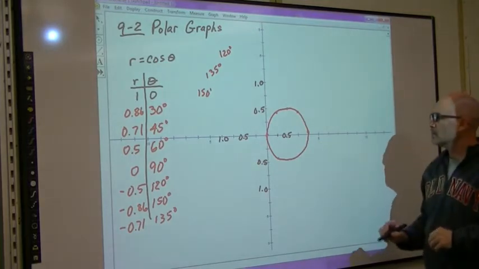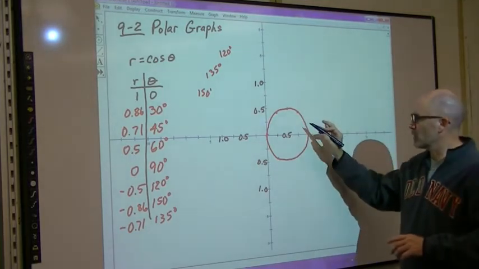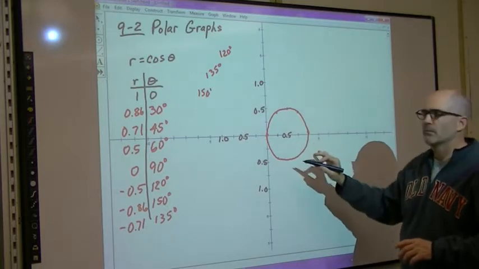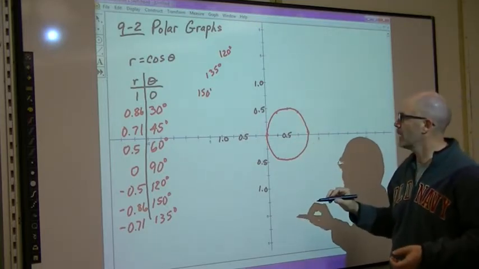Now, if that doesn't look like a perfect circle, it's the camera's fault, once again.